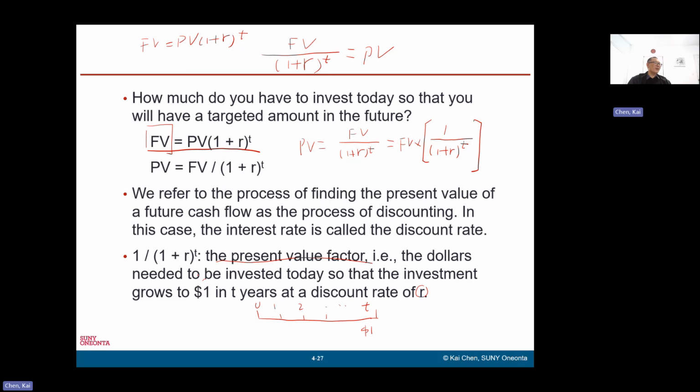That is 1 over 1 plus R raised to the power of T, right? So that is the present value factor.